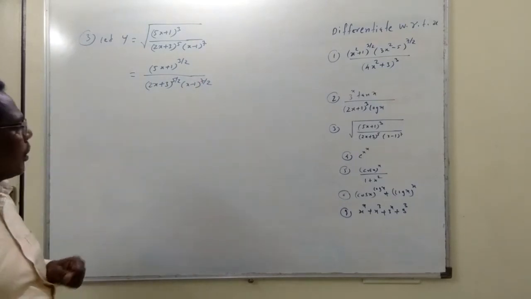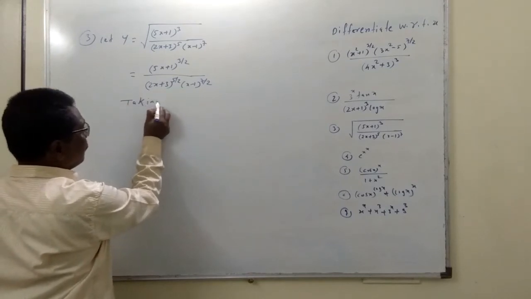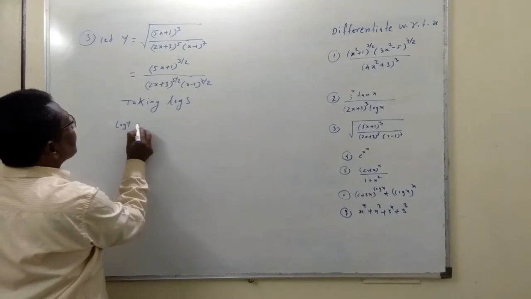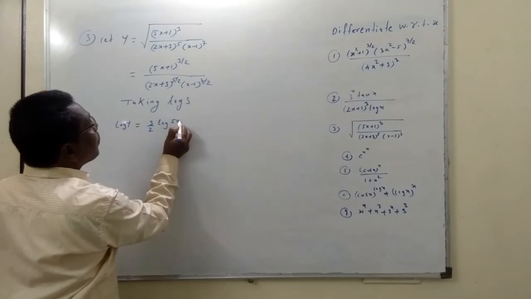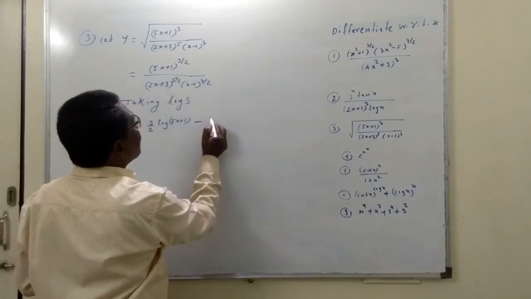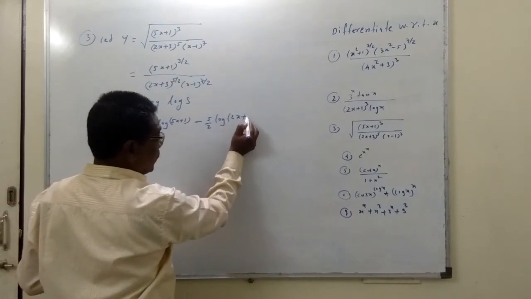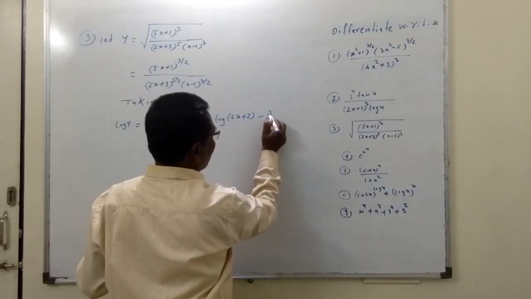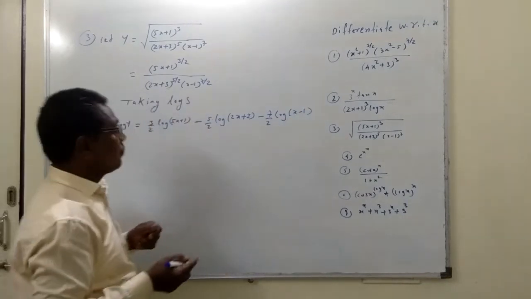Now here also there is a product and division of a number of functions, so we will take logs. Taking logs, log y is equal to 3 upon 2 log 5x plus 1, power multiplied here. Now the denominator: minus 5 by 2 log 2x plus 3. Now this is at the denominator, minus again 7 upon 2 log x minus 1.